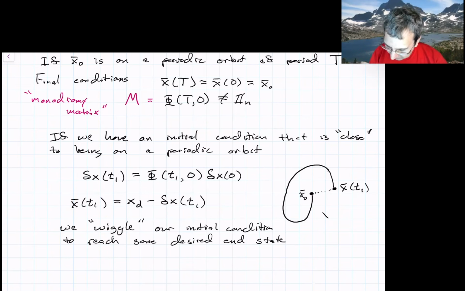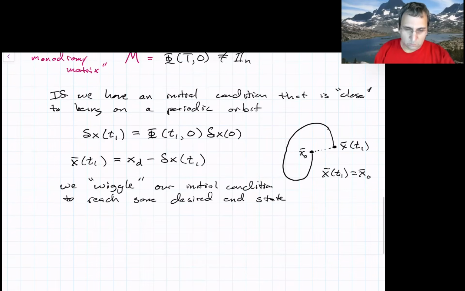In this case, we would like that x bar of T1 equals the initial condition. And how can we do that? Well, we use this differential correction thing.